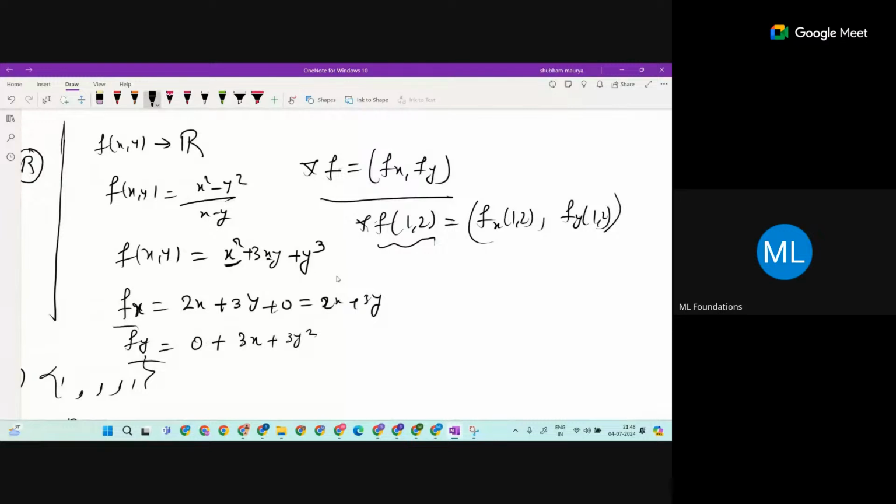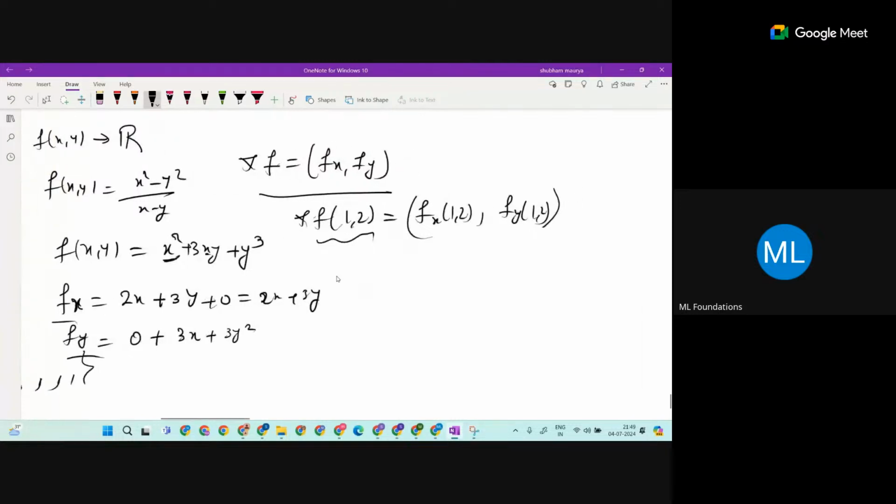Steepest ascent means in which direction, if we move, the function value will be the maximum. And in the case of descent, it means in which direction we should move so that the function output is going to be minimum.